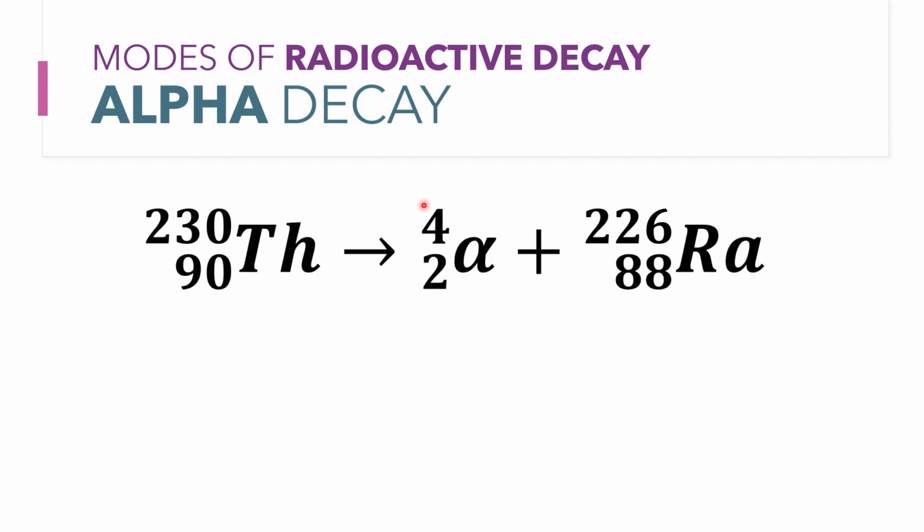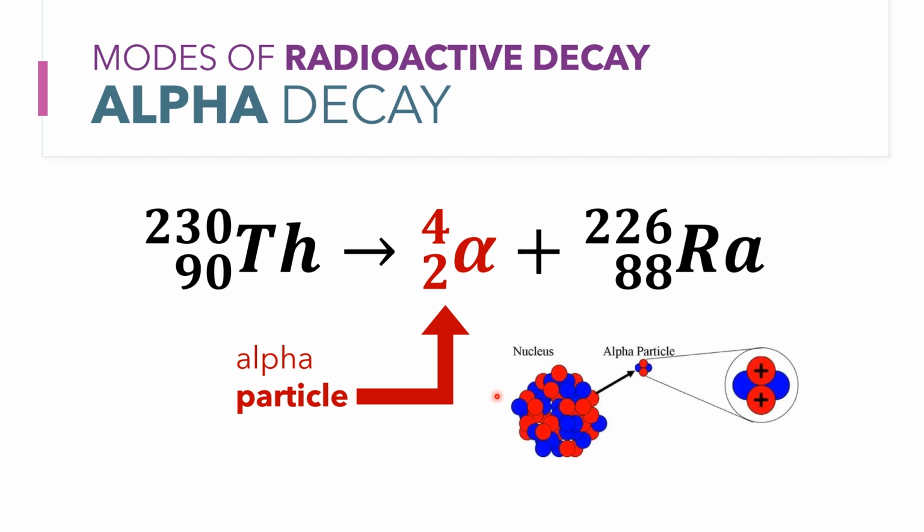If you see this alpha, this one is called an alpha particle. Nakita na natin yan kanina. Makikita niyo ang alpha particle as a daughter, not parent, daughter nuclide. This is an alpha emission, aka alpha decay. Okay, basta present siya, there is an alpha emission.